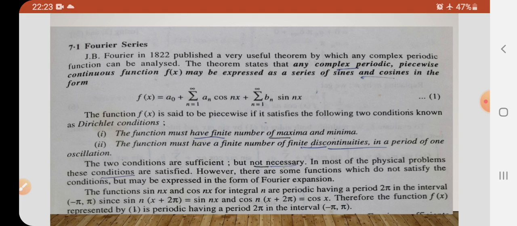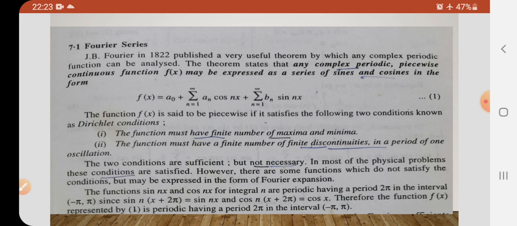Okay, the two conditions are sufficient but not necessary. In most physical problems, these conditions are satisfied. However, there are some functions which do not satisfy the conditions but may be expressed in the form of Fourier expansion.